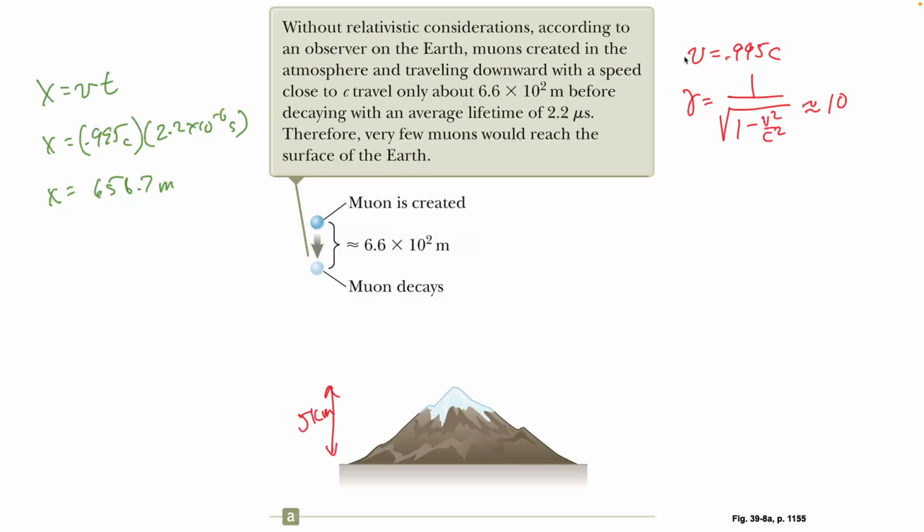But according to the mu meson, it's standing still in its frame of reference, and what is the rest of the universe doing? Moving at 99.5% the speed of light, which means as the mu meson, from our point of view, comes in, it's created from that cosmic ray and is hurling towards the surface of planet Earth. The mu meson is going to see the surface of planet Earth coming at it at 99.5% the speed of light.